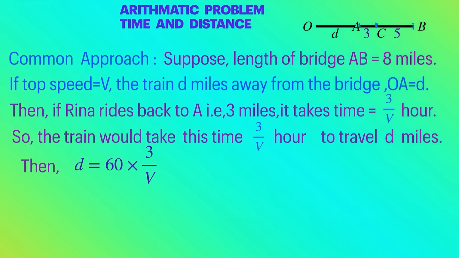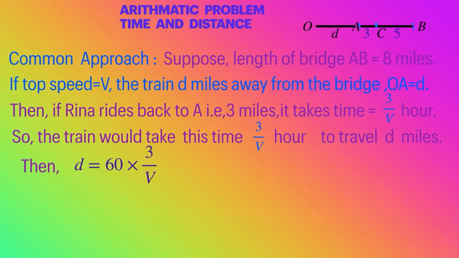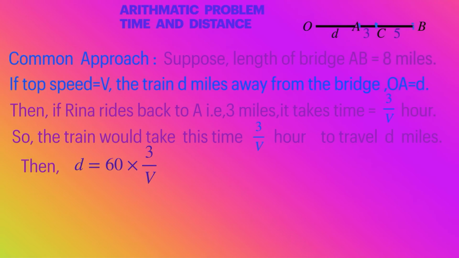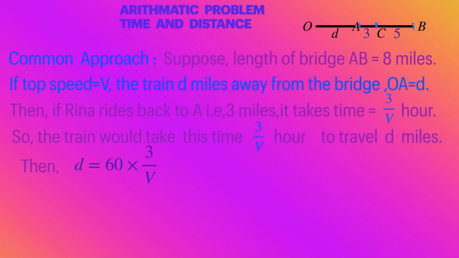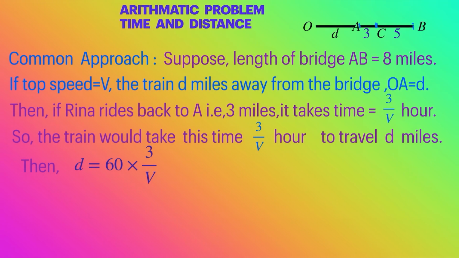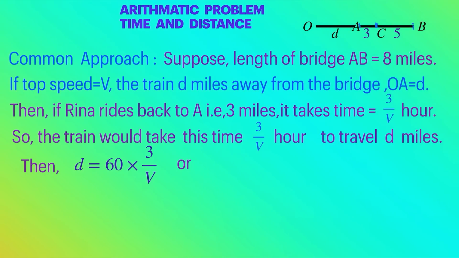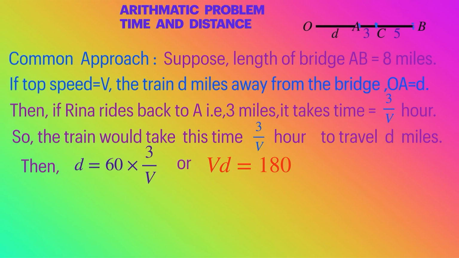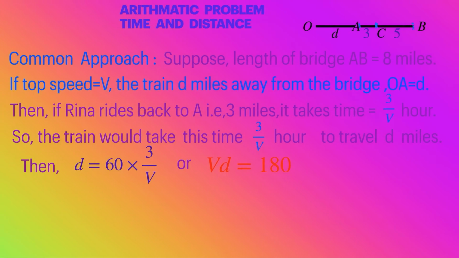So the equation will be d equal to the train's speed, that is 60 miles per hour, into the time taken by it, equal to 3 by v hour. So d equal to 60 into 3 by v would be the equation, or vd equal to 180. So this is an equation we would get.